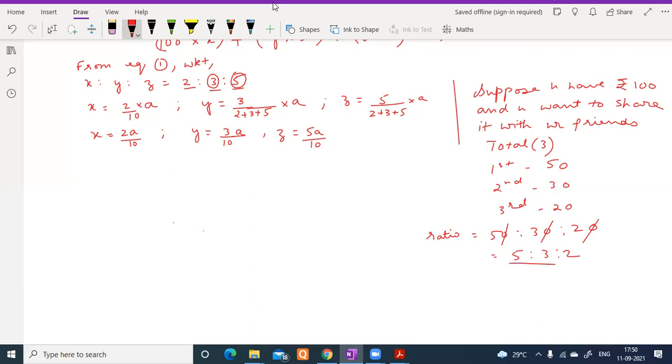Suppose I know the ratio, how do I get how much each one has? So what I do first, let me take the total. 5 plus 3 plus 2, which is nothing but 10. Okay. If I have 10 rupees, I get rupees 5.